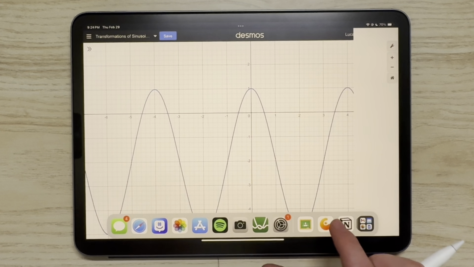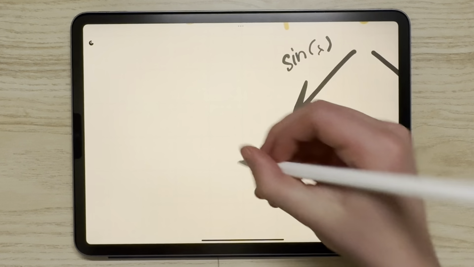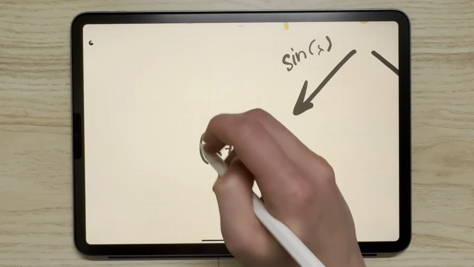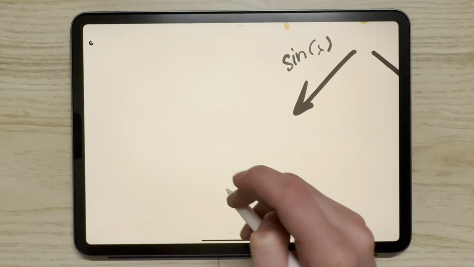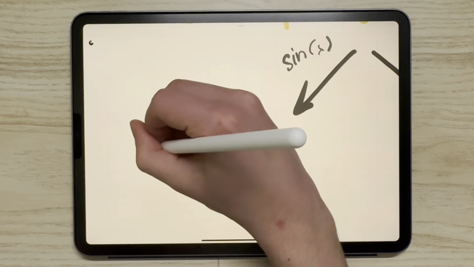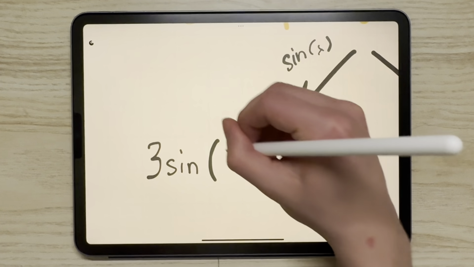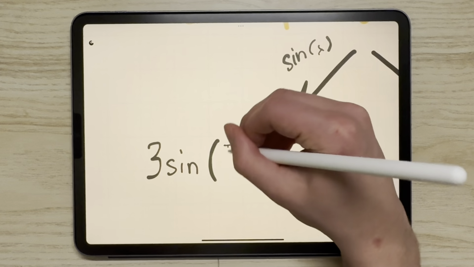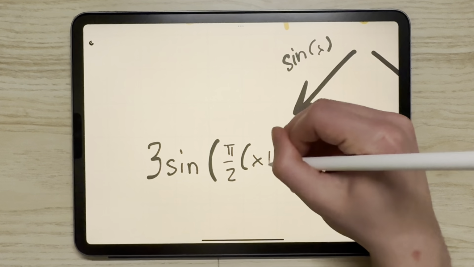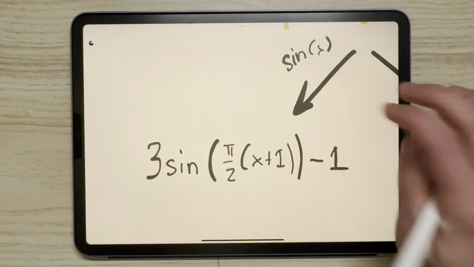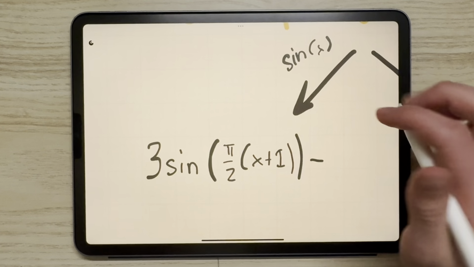And the transformation of 1 unit to the left is the same as x plus 1. So that means our function for sine would be 3 times sine of pi over 2, times x plus 1, and then all minus 1. Or minus 2, because that's the actual midline.